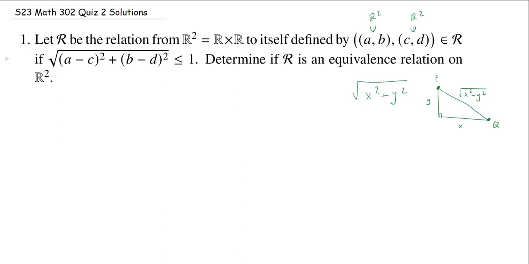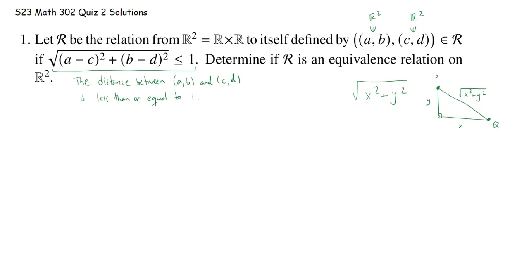So what we could really be saying here is that the distance between the points A, B, and C, D is less than or equal to 1.